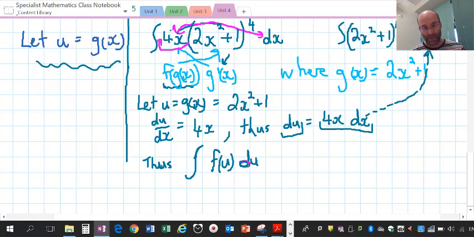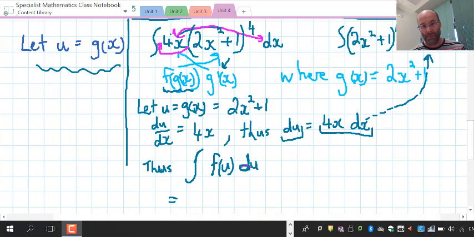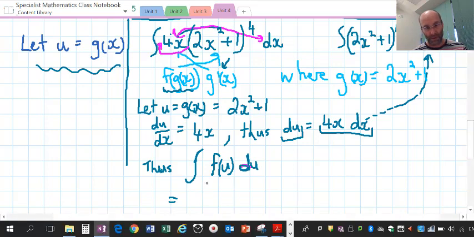So we have the integral of f of u du. Now if u equals 2x squared plus 1, f of u is the function of u, which is raising it to the power 4. So we actually have the integral of u to the power 4 with respect to u.